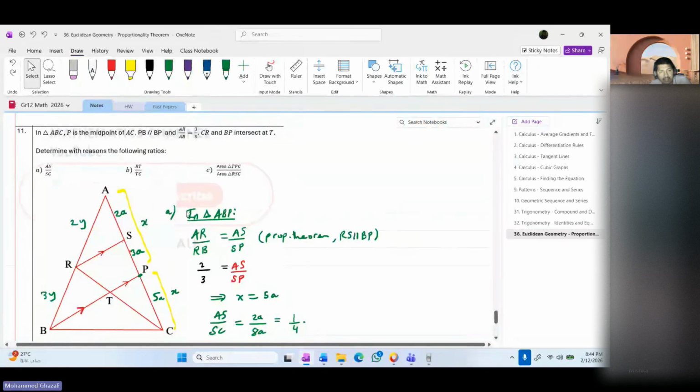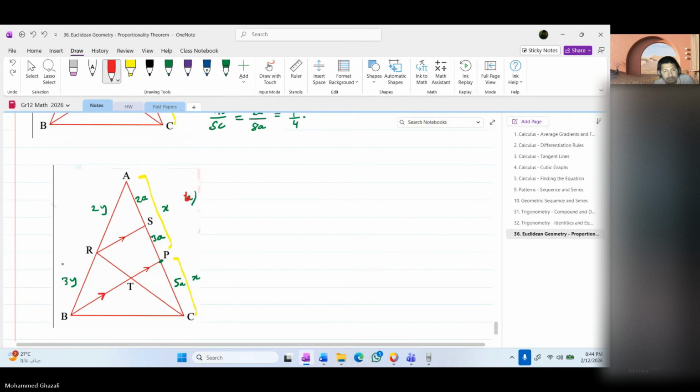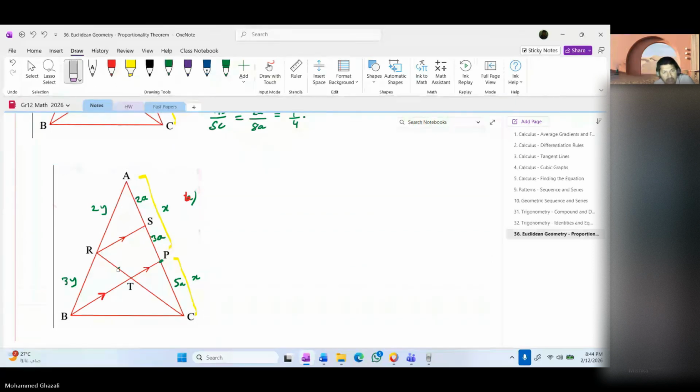Right, so I will define RT to TC. So RT to TC, that's what I want to find. So I'm just making the dots here that we're looking at this triangle.